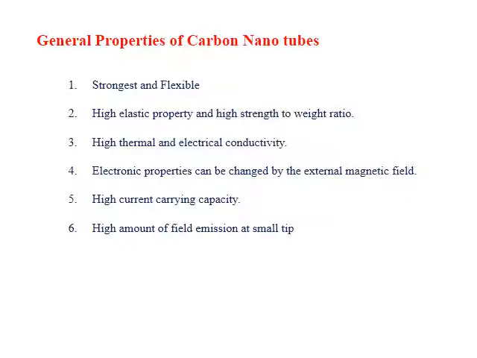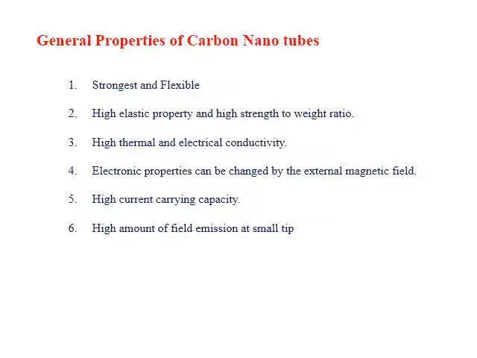Nowadays we are using these carbon nanotubes for producing many lightweight body works. These materials are used in composites to produce body structures for race cars, aircraft, and many other industrial applications, and they have high thermal and electrical conductivity.